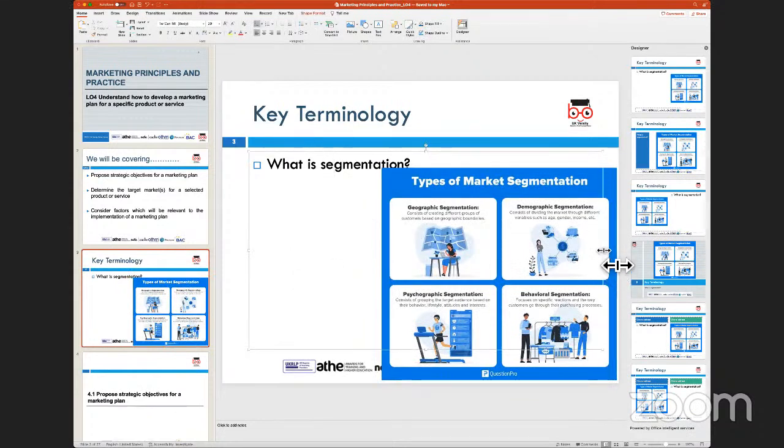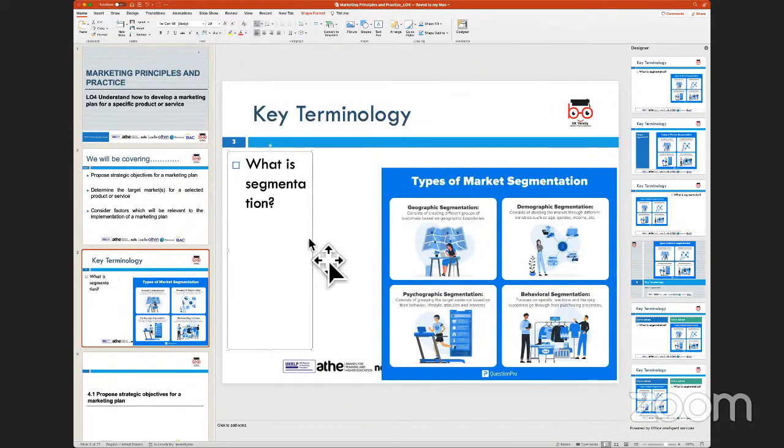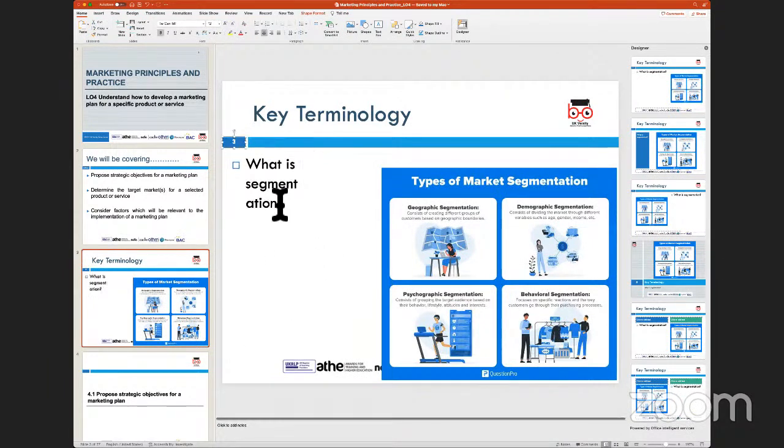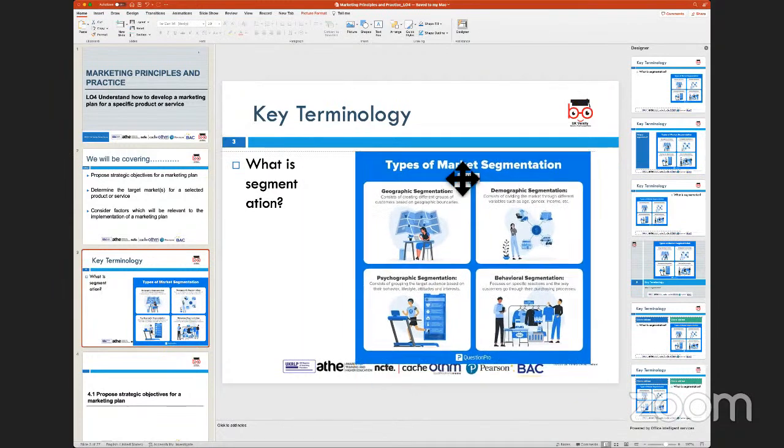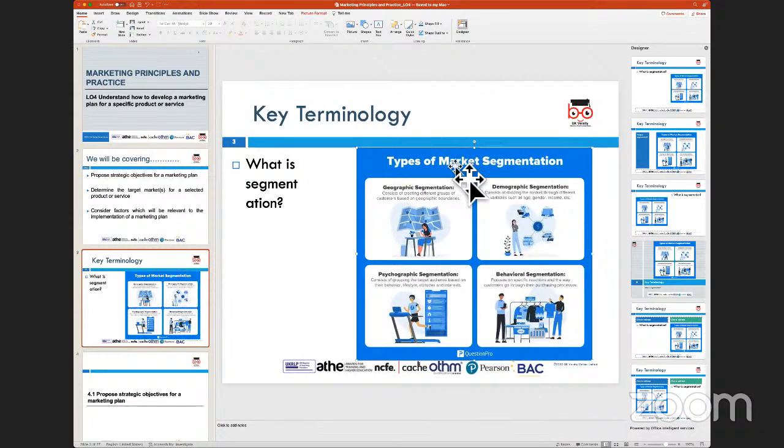So in general, when we talk about the process of segmentation and why companies look at this, it is quite important because companies are putting consumers into certain types of groups, and these groups show certain characteristics.